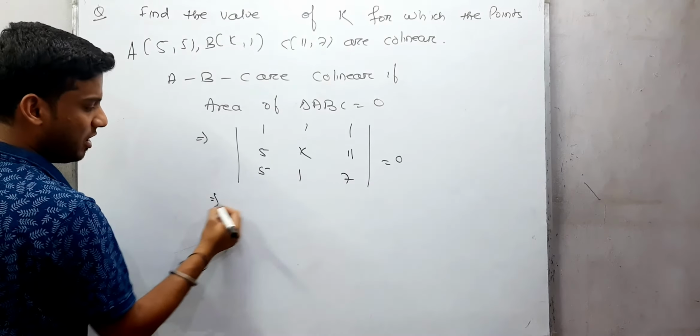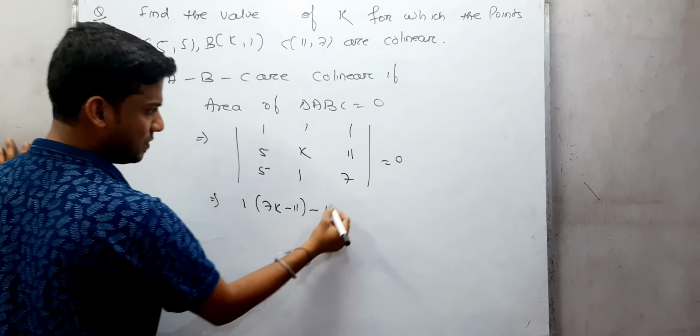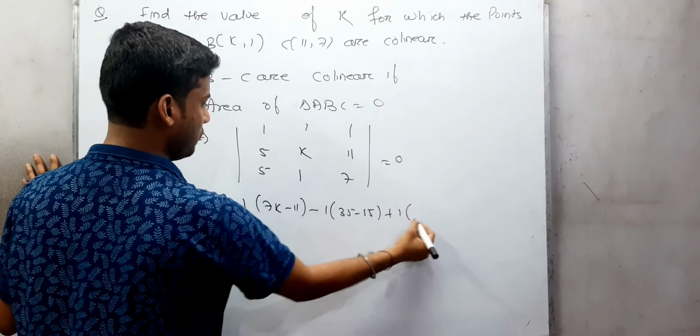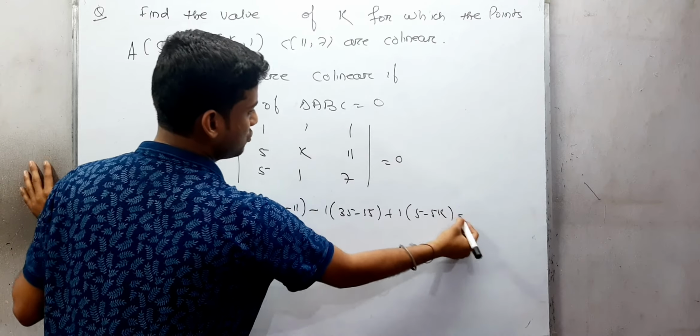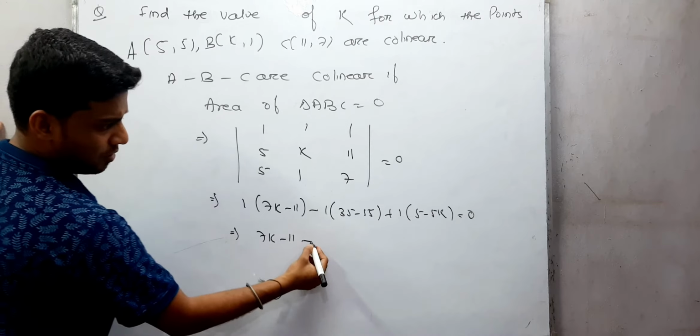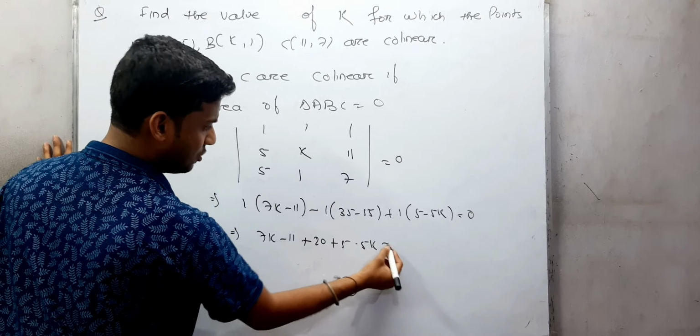So what is the value of k here? 1 into (7k minus 11), minus 1 into (35 minus 55), plus 1 into (5 minus 5k), is equal to 0. Now I am going to solve this. 7k minus 11 plus 20 plus 5 minus 5k is equal to 0.